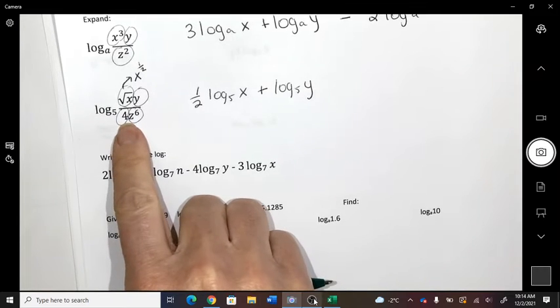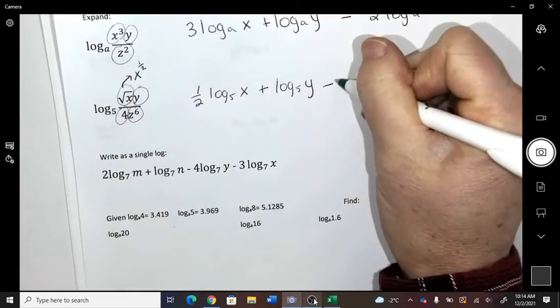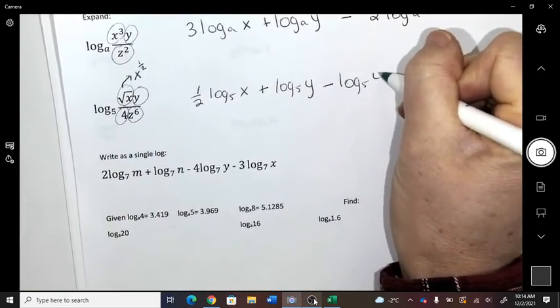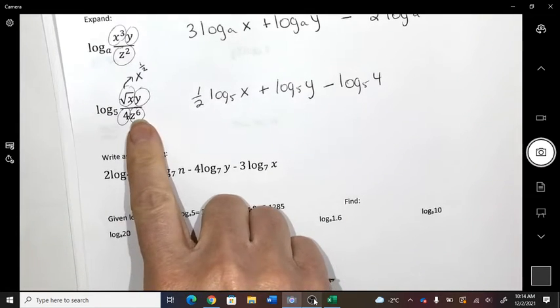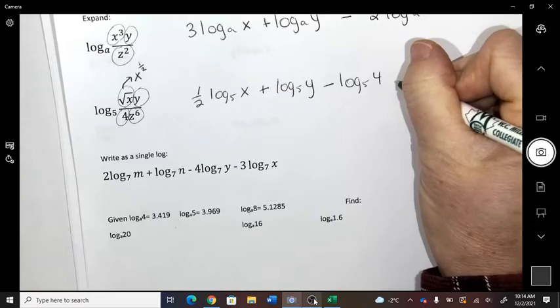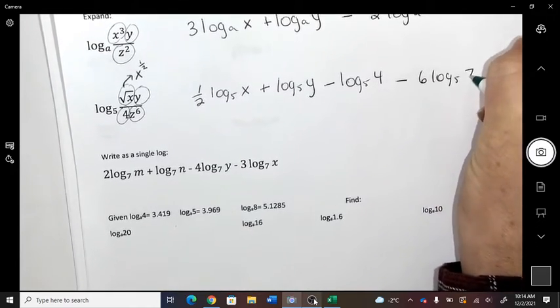The 4 is a divider, so I'm going to subtract log 5, 4. And the z piece is also a divider, because it's on the bottom, it's a divider. So I'm going to subtract 6 log 5z.